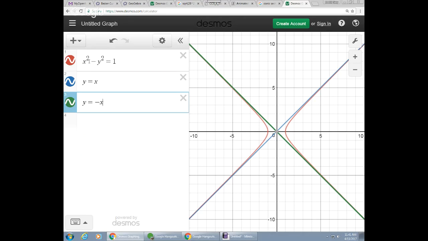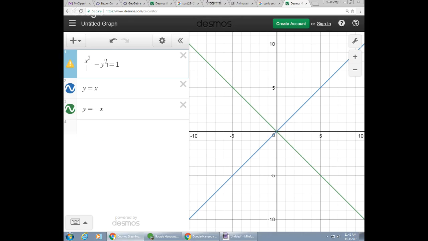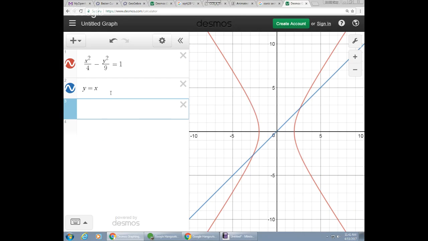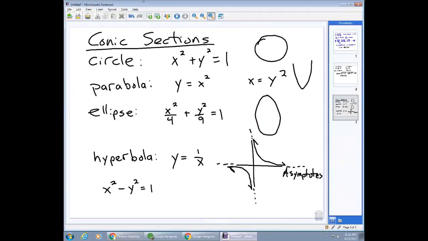If I were to tweak this, kind of like the idea of an ellipse, and say, let's take x squared divided by 4 and y squared divided by 9, then my asymptotes have changed, and I need to figure out where they went. And so I'm just going to do an example of that here. So let's pick on this guy in a new page.